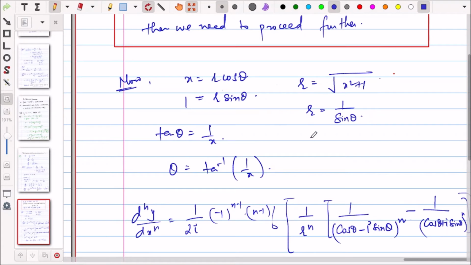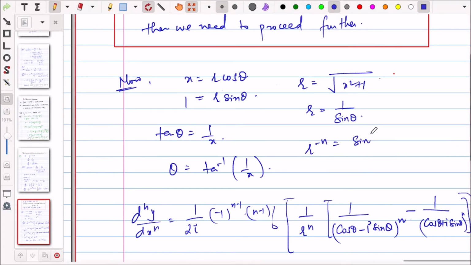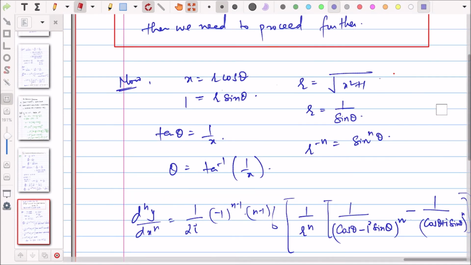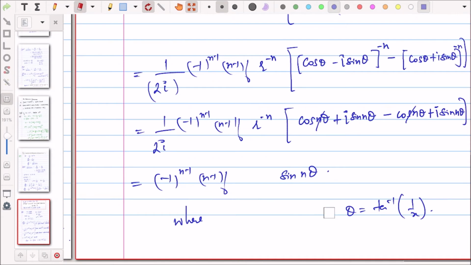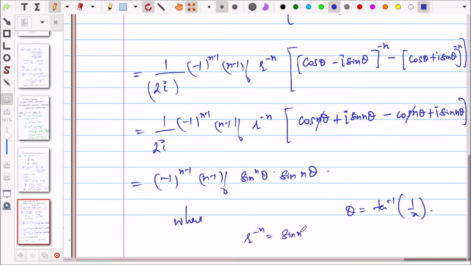So r to the power minus n will be equal to sin n theta, so that's why you get this form. You can simply write this, no need to write this, so r to the power minus n is equal to sin n theta.